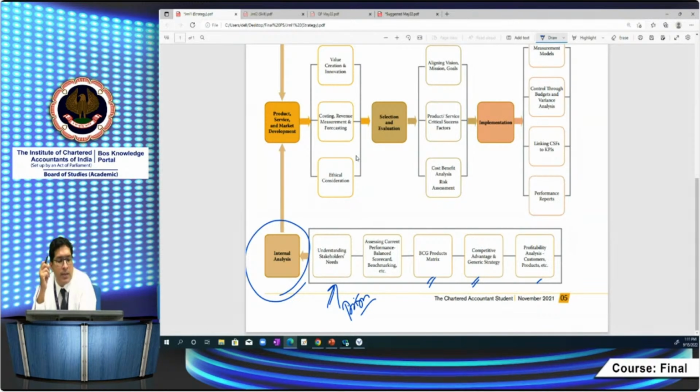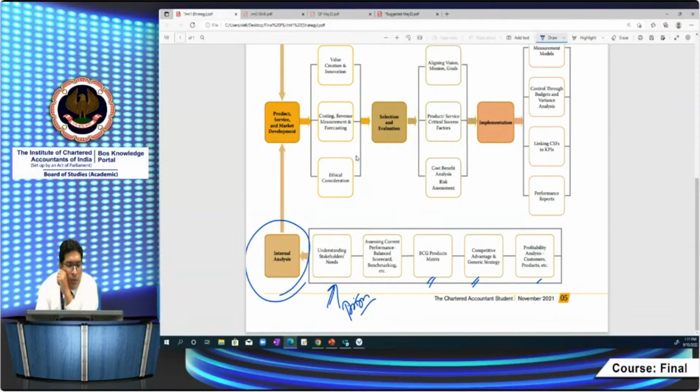Assessing current performance, balanced scorecard, benchmarking, BCG product matrix, competitive advantage and generic strategy, profitability analysis, customers, products, etc.